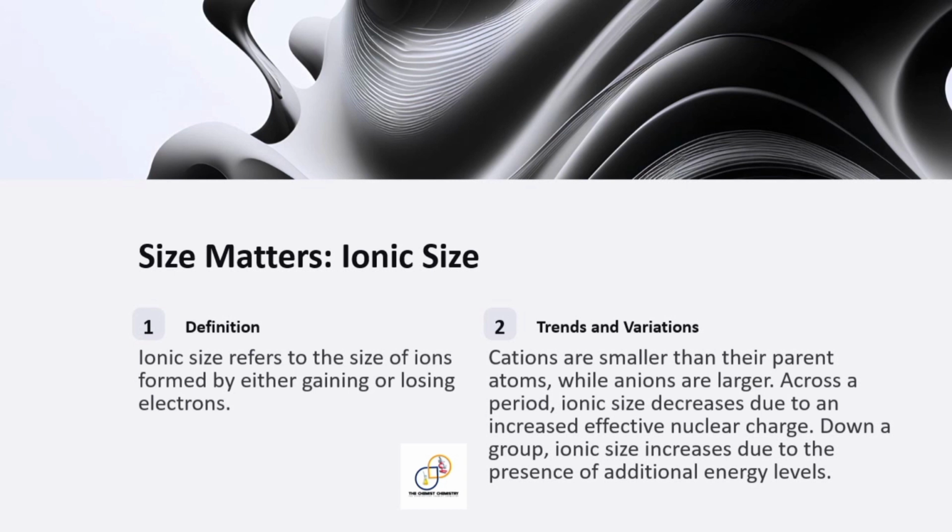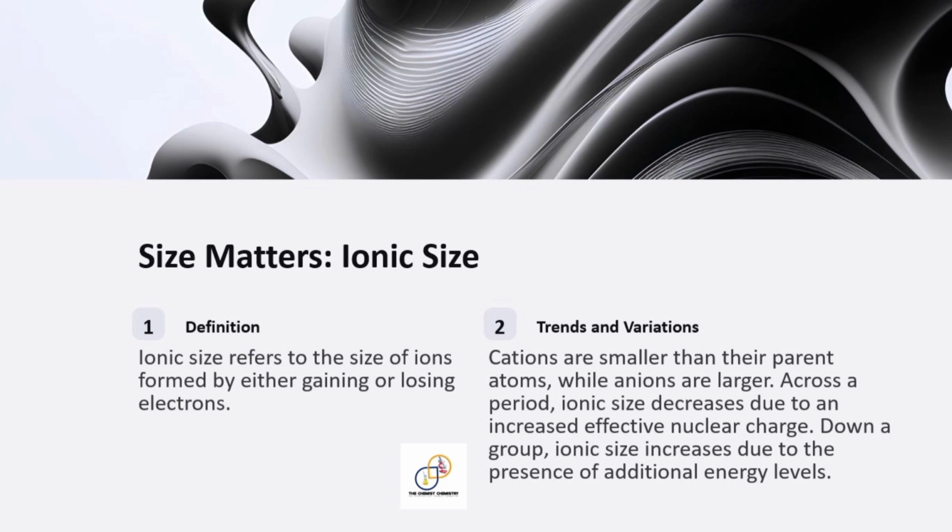Now, the number of protons exceeds that of the electrons. We've learned that effective nuclear charge, or nuclear attraction, increases with increasing number of protons. So in this situation, the size of the atom will decrease. Why?